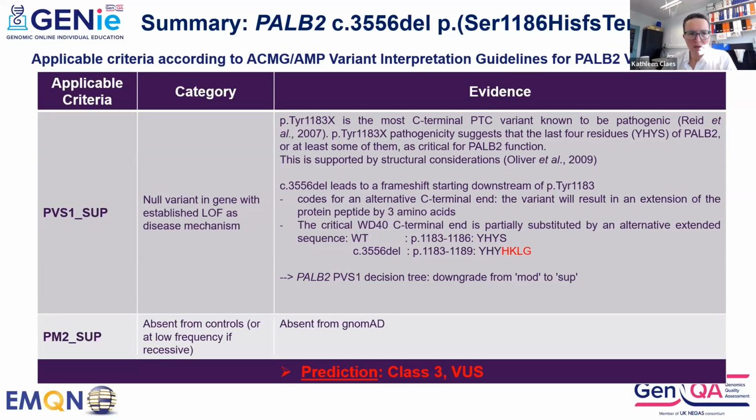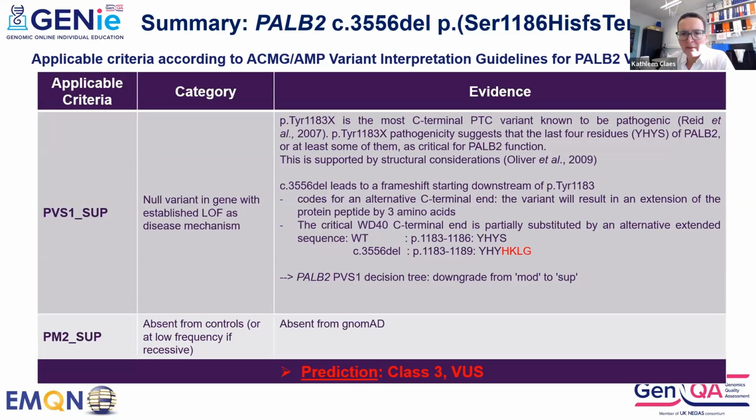But there is something special going on with this variant. The most C-terminal protein truncating variant known to be pathogenic was published by Reid et al. back in 2007. That's a nonsense variant at position 1183, where a tyrosine is replaced by a stop codon.